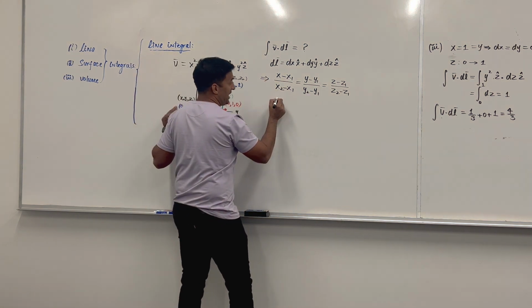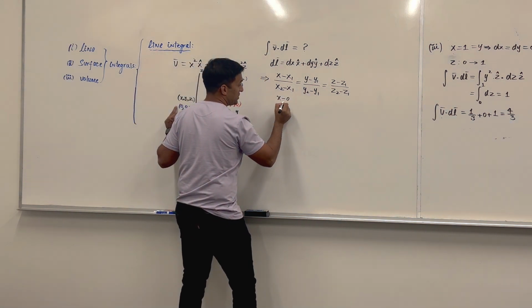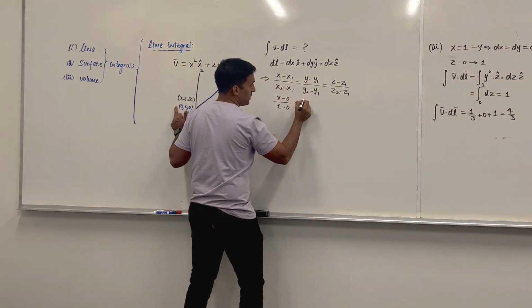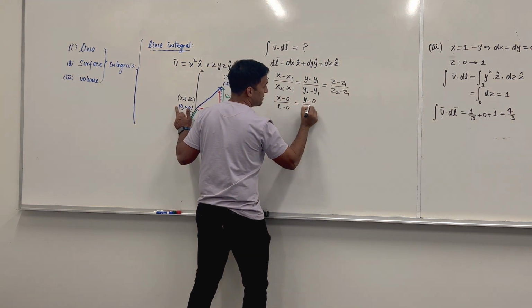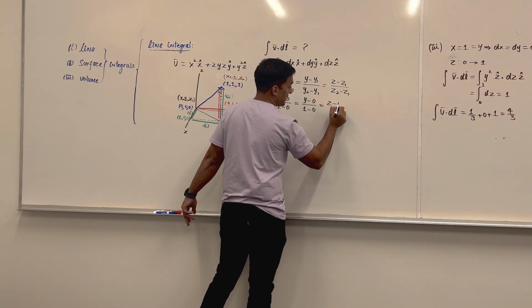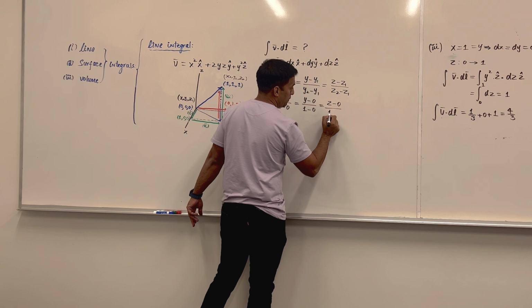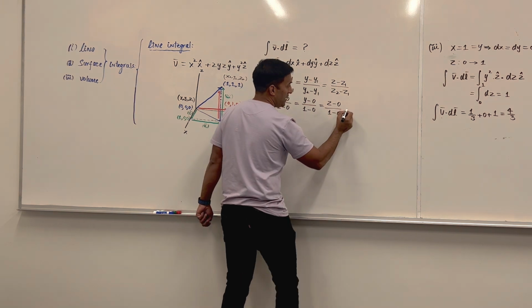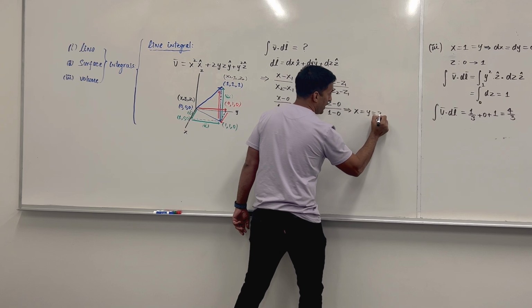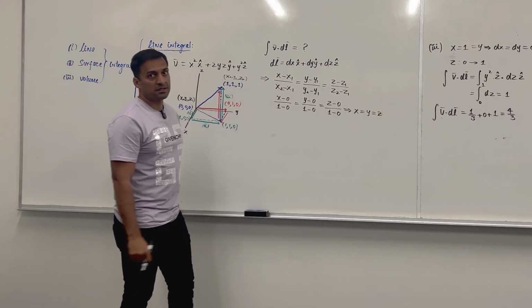This becomes (x − 0)/(1 − 0) = (y − 0)/(1 − 0) = (z − 0)/(1 − 0), and this gives you x = y = z.